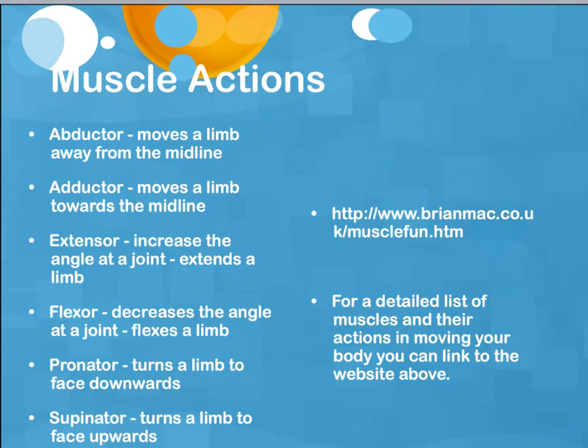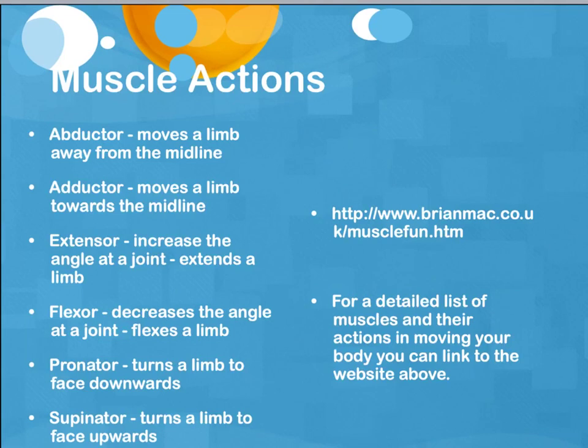Okay, so we also have muscle actions that we'll be talking about. So an abductor moves a limb away from the midline, where an adductor moves it towards the midline. An extensor increases the angle of the joint, where a flexor decreases the angle of the joint. A pronator turns the limb downwards, where a supinator turns the limb upwards.